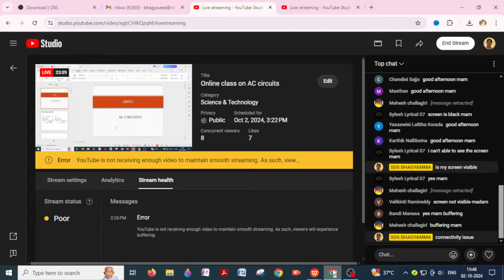So crest factor value is 1.414, whereas form factor value is 1.111.